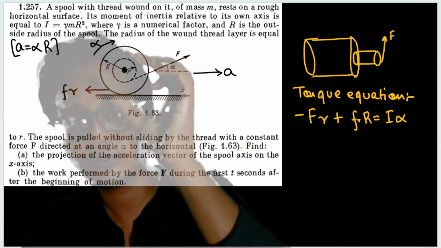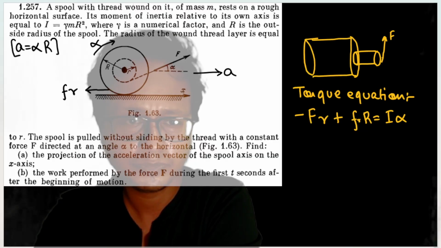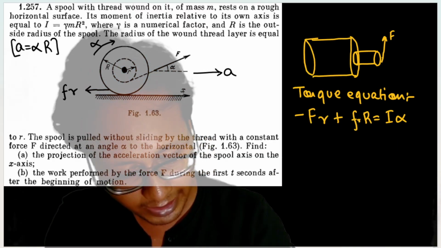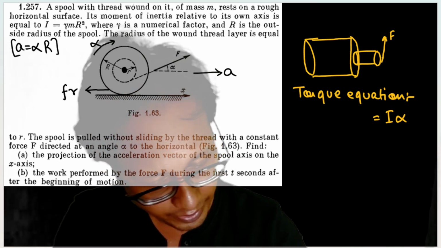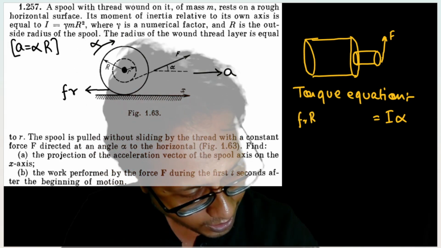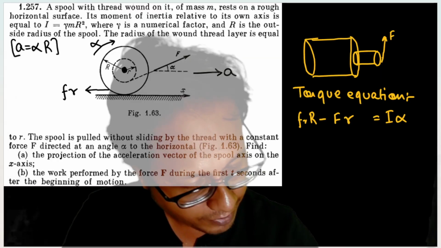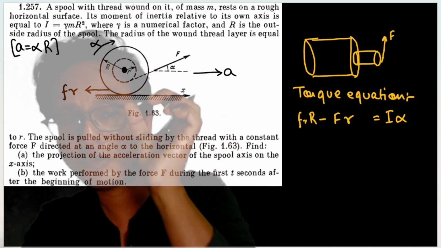Is there any other force that is causing torque out here? No, I don't think so. Let me write this nicely: friction force into capital R minus F into small r is equal to I alpha.